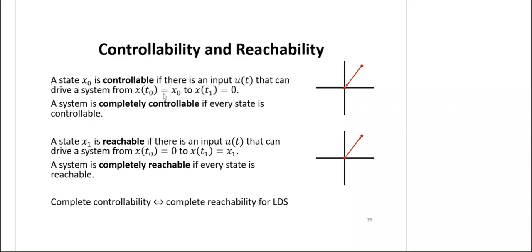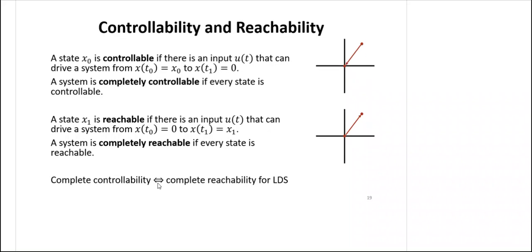Controllable is that if there's an input that can drive a system to 0, and the system is completely controllable if every state is controllable. And a state is reachable if there's an input that can drive the system to a certain value you want, and the system is completely reachable if every state is reachable. And controllability and reachability are kind of a trade-off.